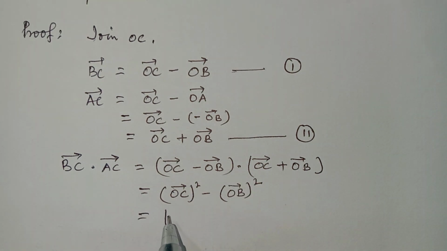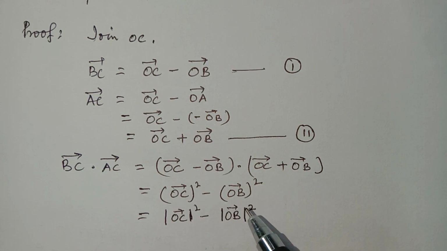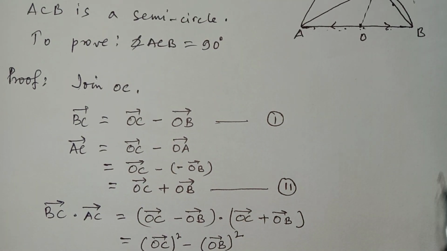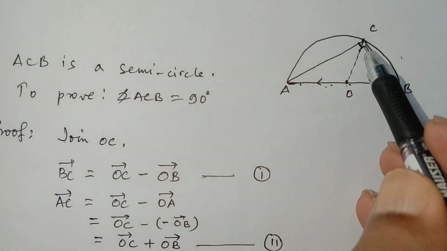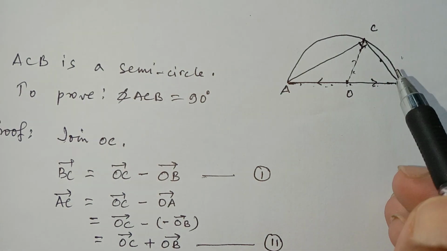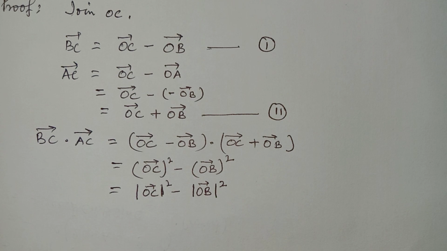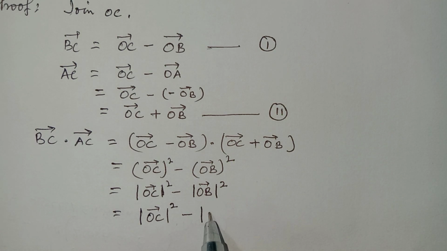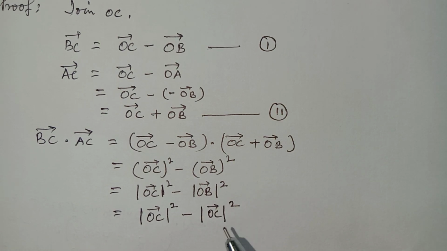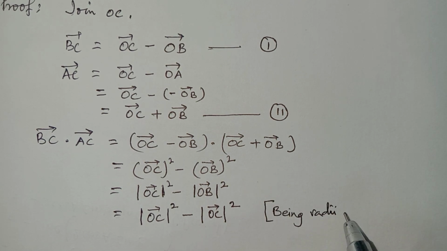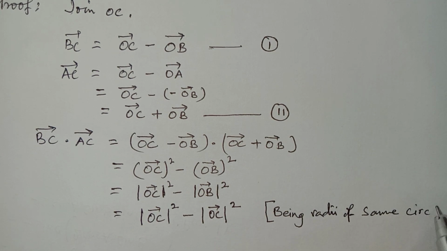Okay, so it is the mode of vector OC square minus mode of vector OB square, where we can see that OC and OB are also equal, because they are the radii of the same circle. So mode of OC square is equal to mode of OB square, being radii of the same circle.